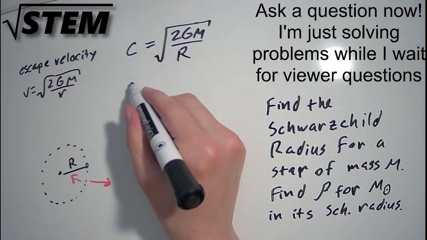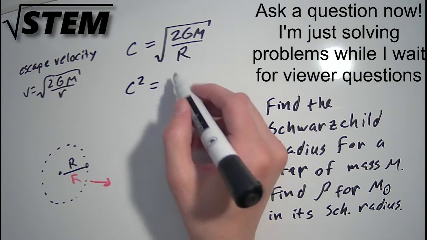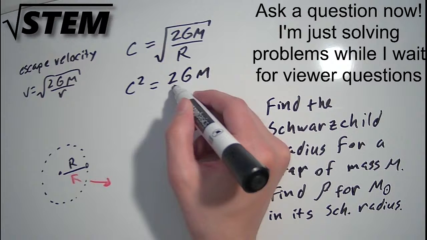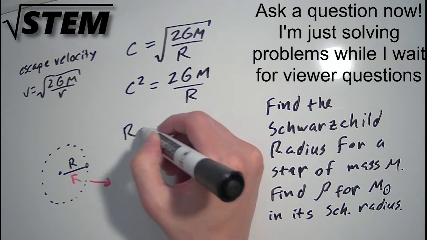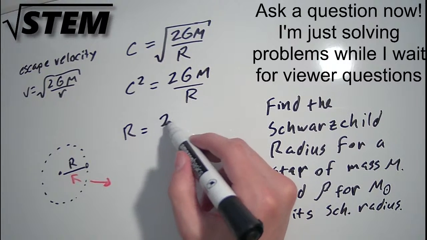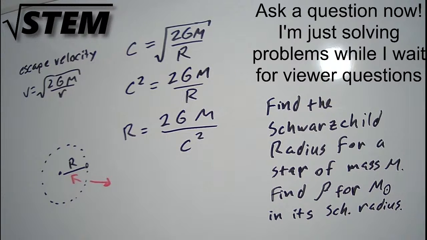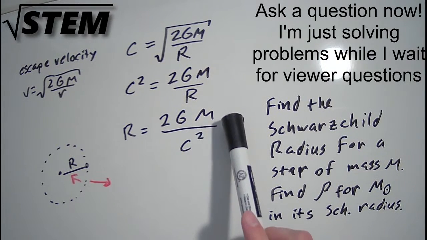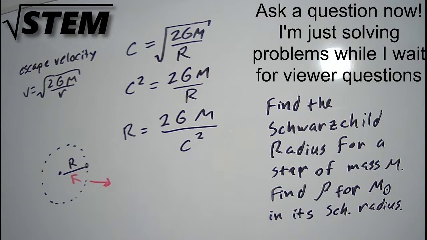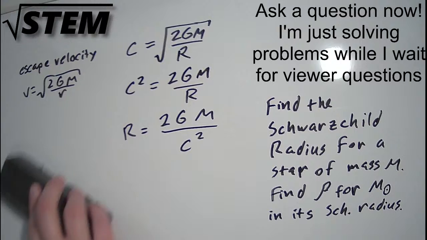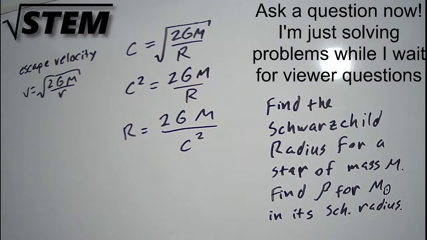So then that gives us speed of light squared equals 2GM over r, and r equals 2GM over c squared. Dividing by c squared makes this a very small number, depending on how big the mass is. So let's see.